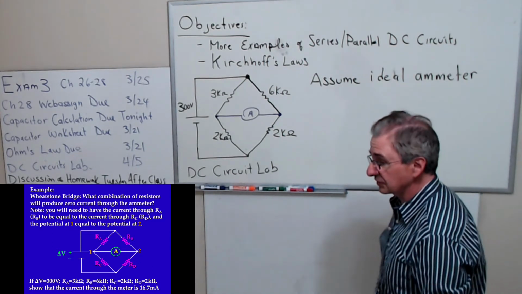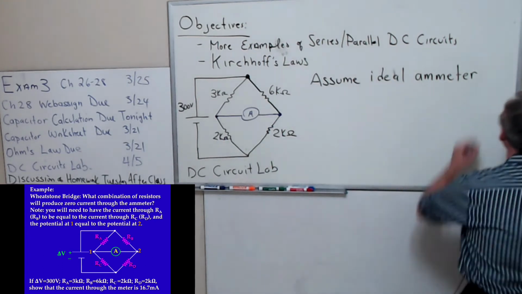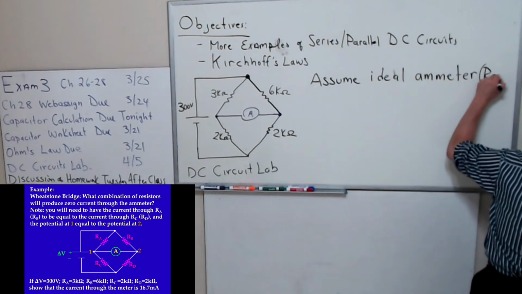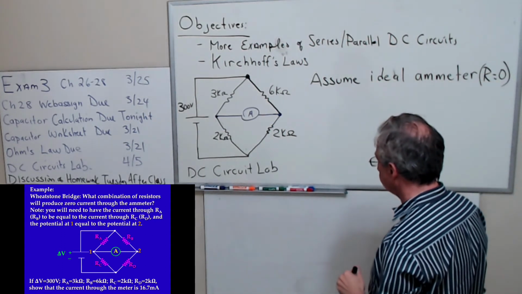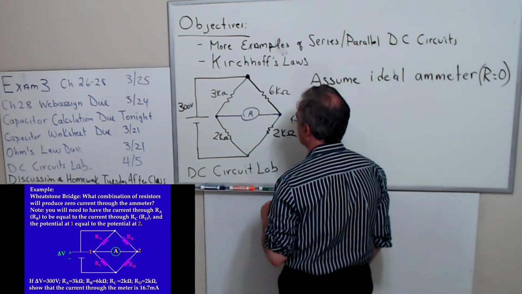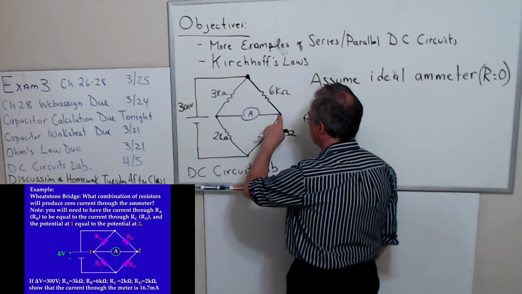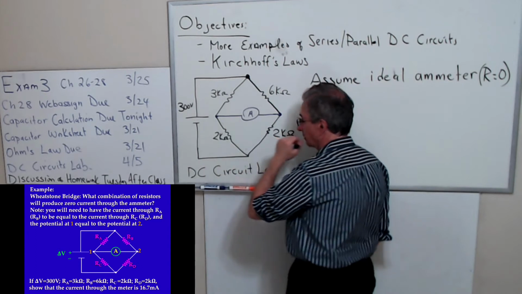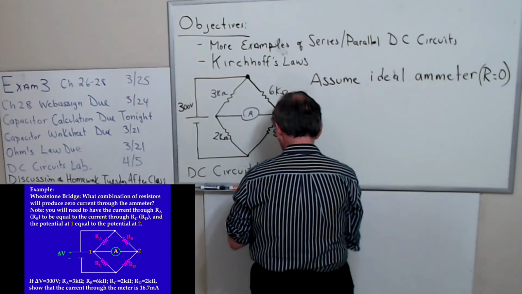So that means its resistance is what? 0. Okay. So R equals 0. So that means, if I take these 2 points together, what does that say about them? I'll call them 1 and 2.